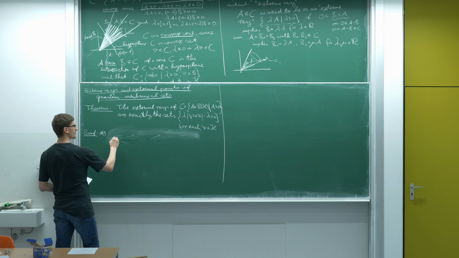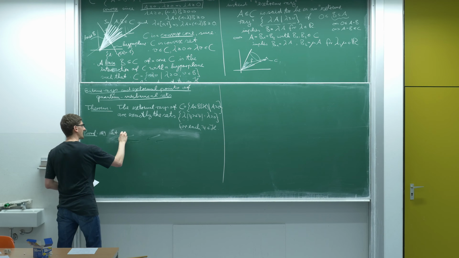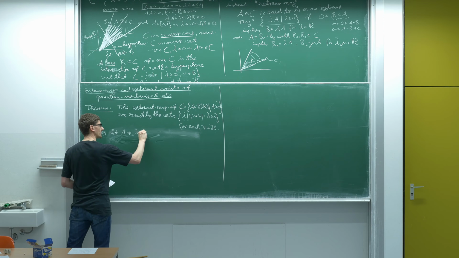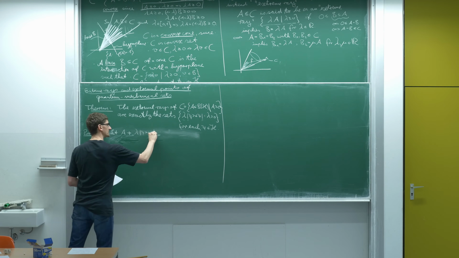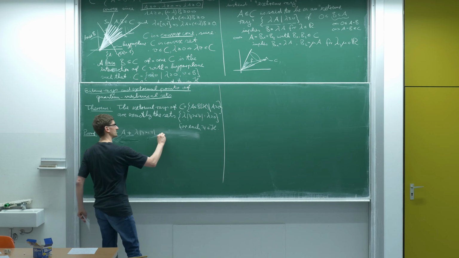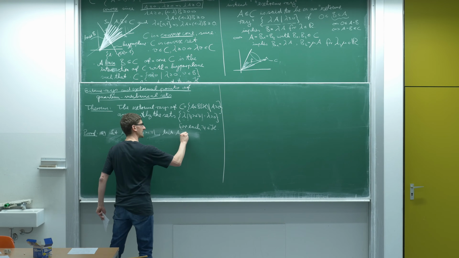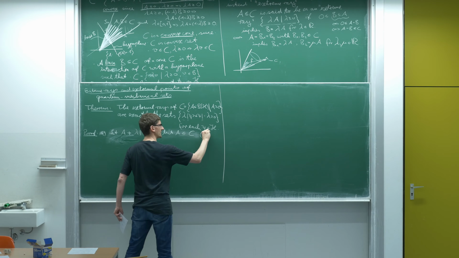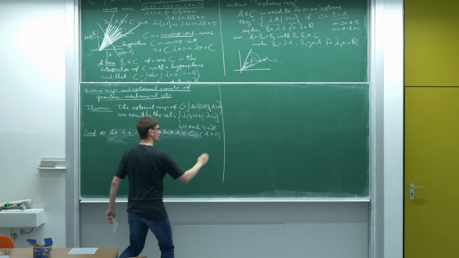So let A be not equal to this form, but A should be an element of this cone. That means A is greater or equal than 0.